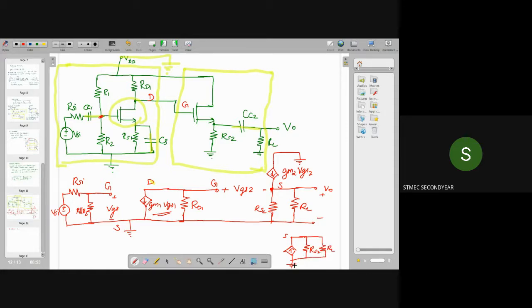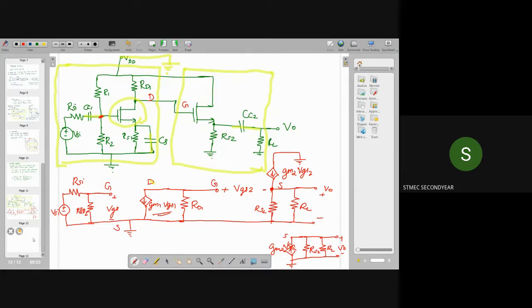Both are connected to ground, and we are taking this voltage. This is our output voltage. So while considering the output voltage, we have the current gm2 into VGS2, and the resistance is the parallel combination of RS2 and RL, right?